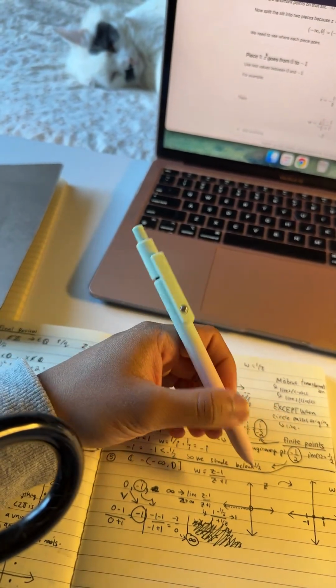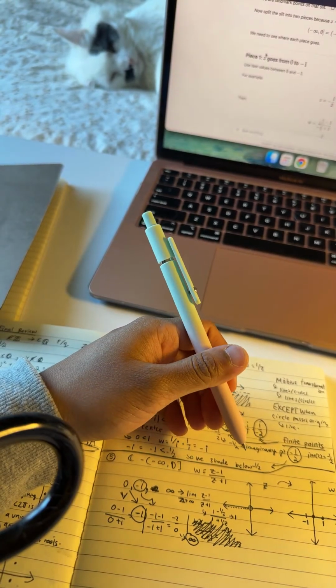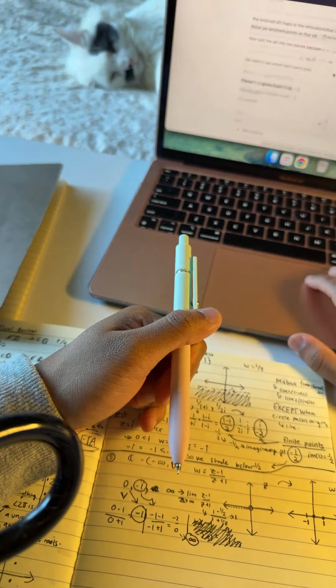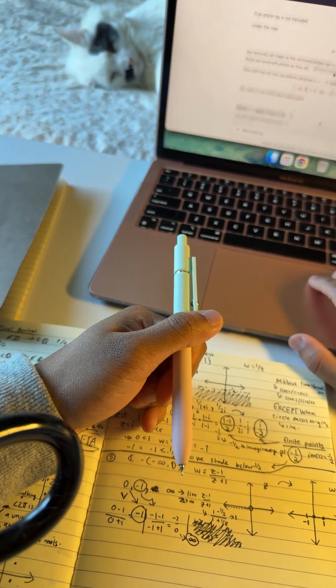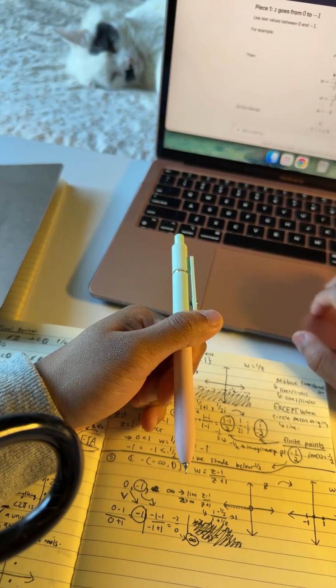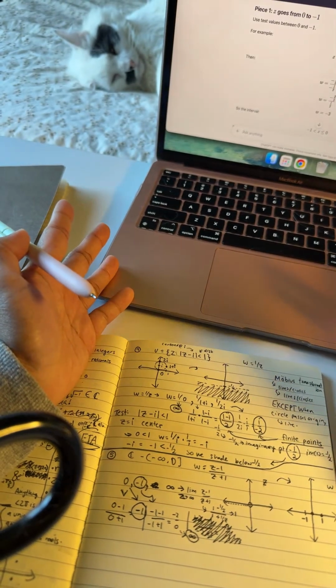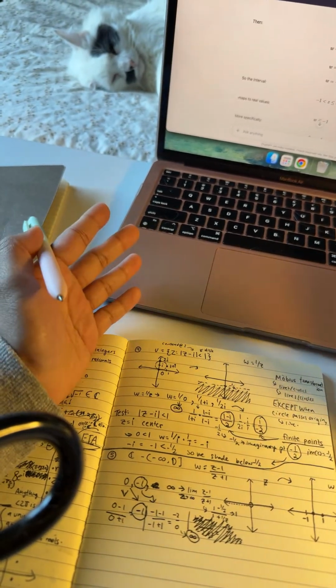Alright, I'm trying to understand this. It's not clocking to me. So P(z) goes from 0 to -1. For example, we have that z is -1/2. So if we were to plug it in, we get -3.